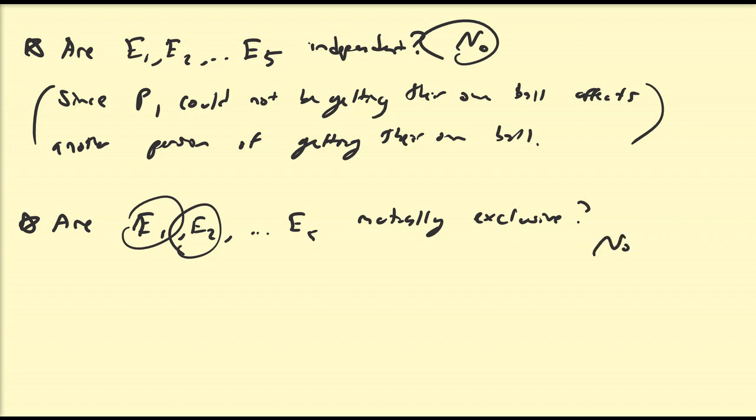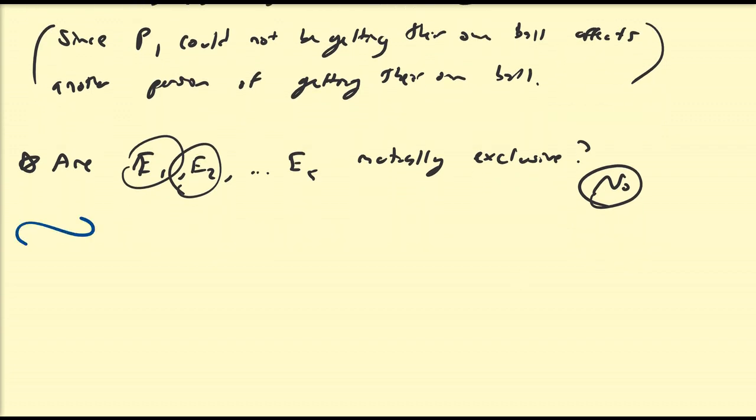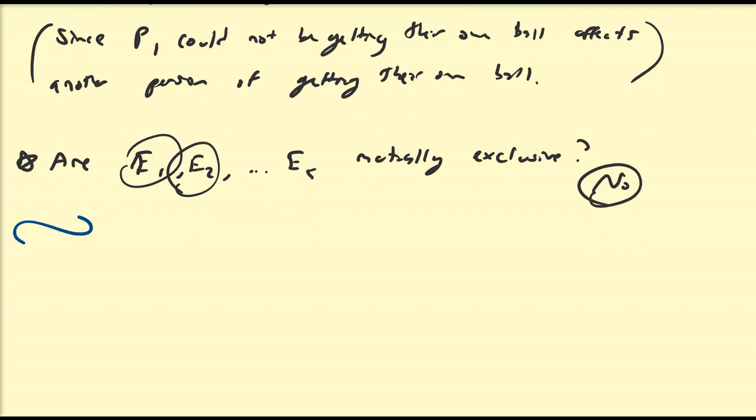The answer to that is no. So they can happen simultaneously because all of the people could select their own hat. So for that reason, the answer to both of these is no. It is not independent, it is not mutually exclusive. So our simplifications of some of the formulas will not happen in this case.